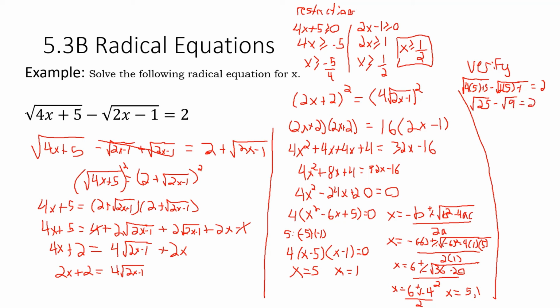So that should be equal to 2. Root 25 is 5 minus root 9 is 3. And 5 minus 3 is indeed 2. So 5 works. Do our last one. Just gonna move this over because I need that space.